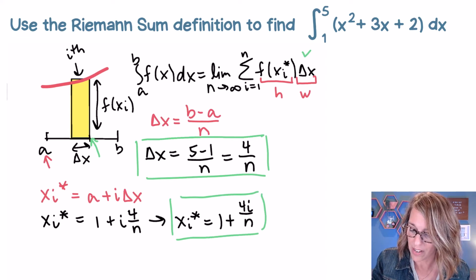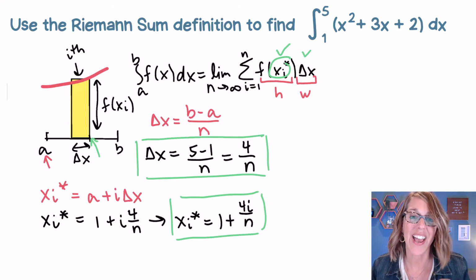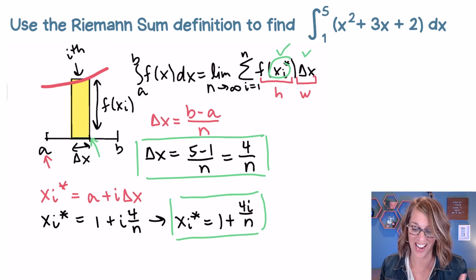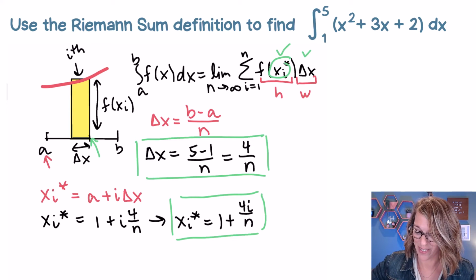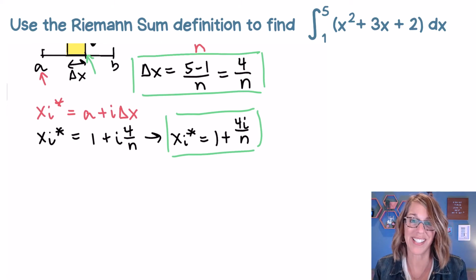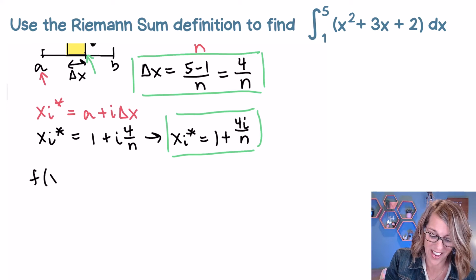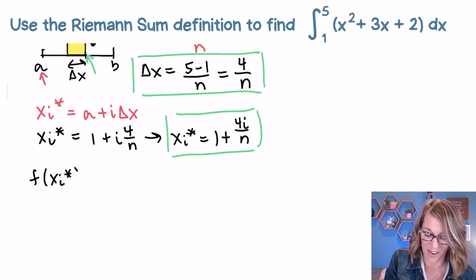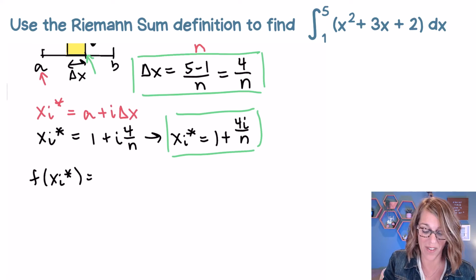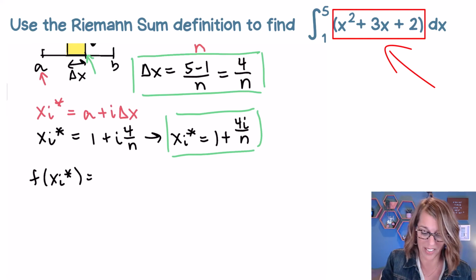Okay, so now we've got this guy in the middle. Next, we need f of x sub i star. Lots of different notation goes along with this, but if you take it step by step, piece by piece, you're going to get it. So next we want f of x sub i star. We know that f of x is x squared plus 3x plus 2.